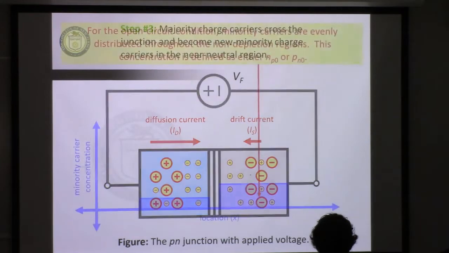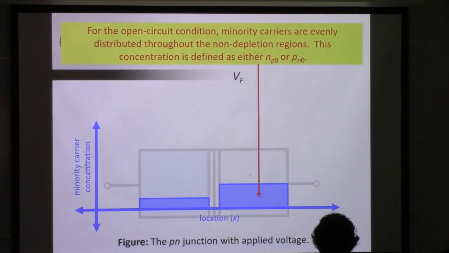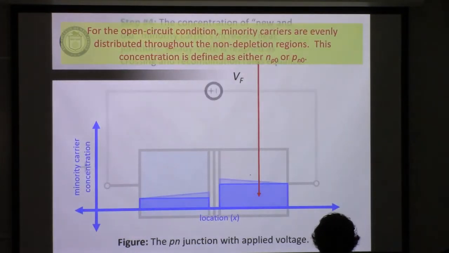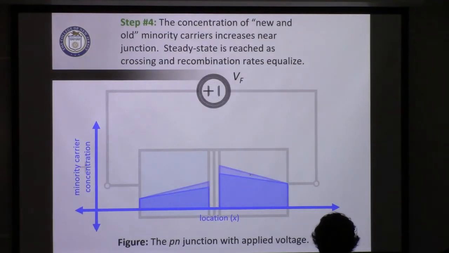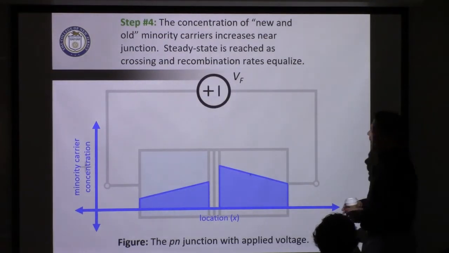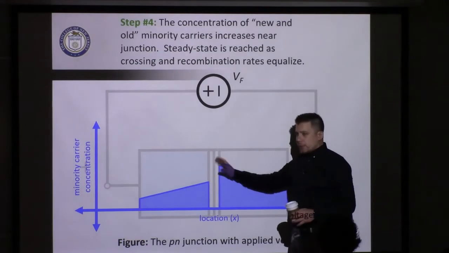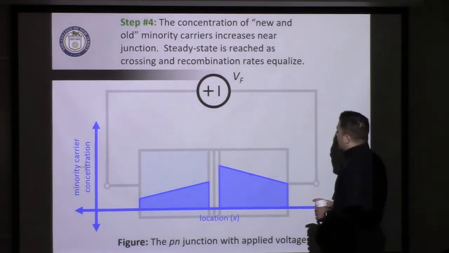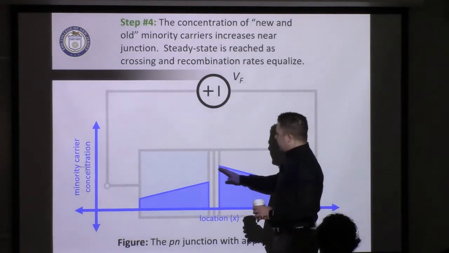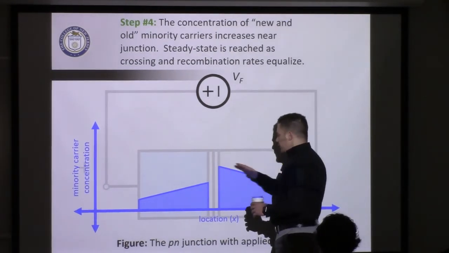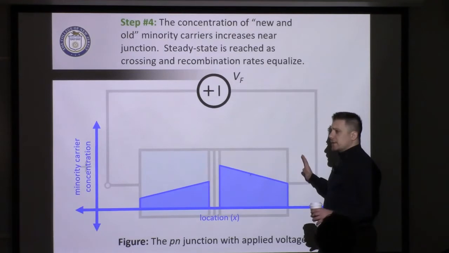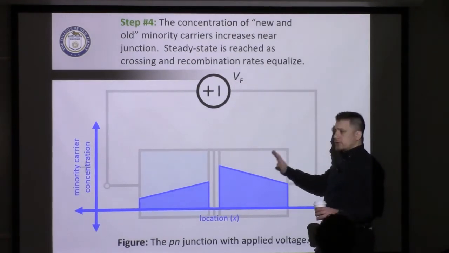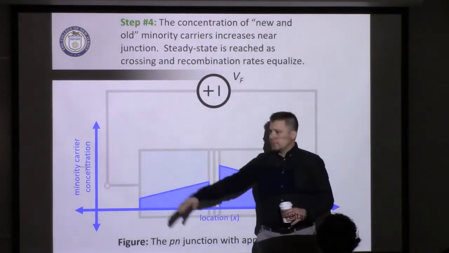So if we look at this slide here, we can see the buildup of the minority charge carrier concentration gradient as a result of applying VF. Now I used a straight line. It would really be more curved, but it was just easier to draw that way. Again, this demonstrates how this gradient will cause the diffusion of the minority charge carriers that way and that way.